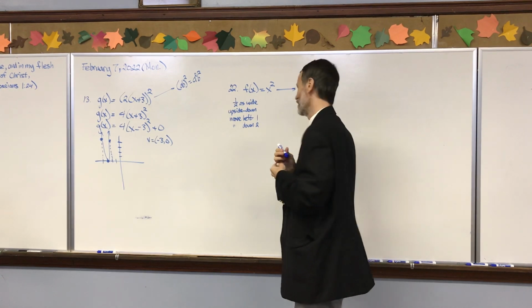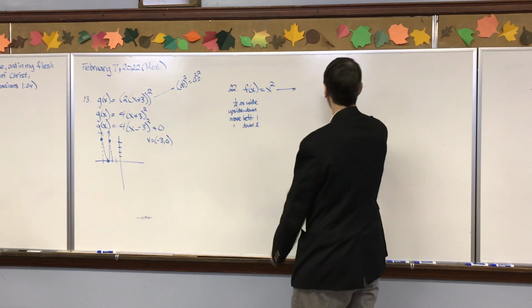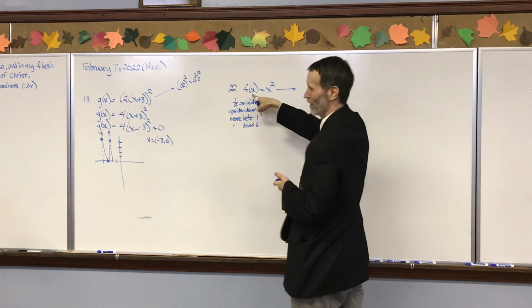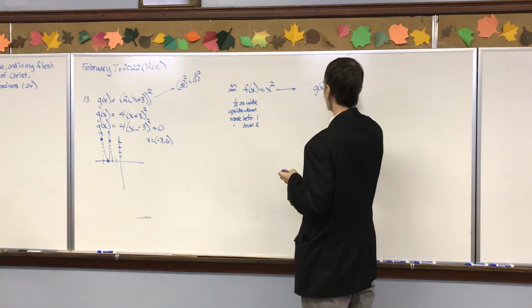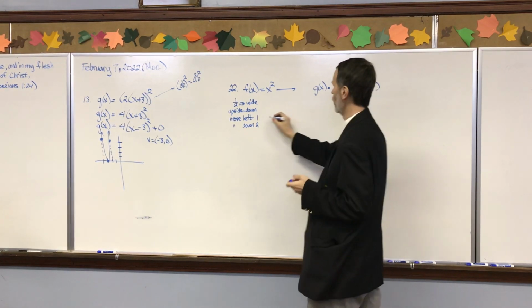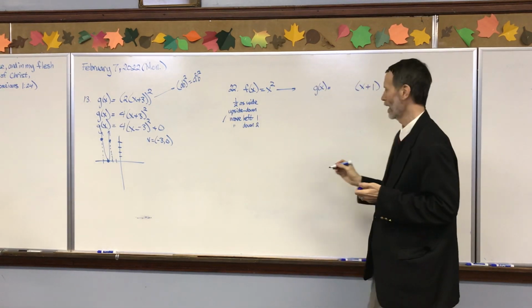The input. How do you make it look like input? Parentheses. Good. You can invent a new name, but don't call it f of x because it's already used. Instead of x, it's now x plus 1. That'll handle this. How do you move it down 2?